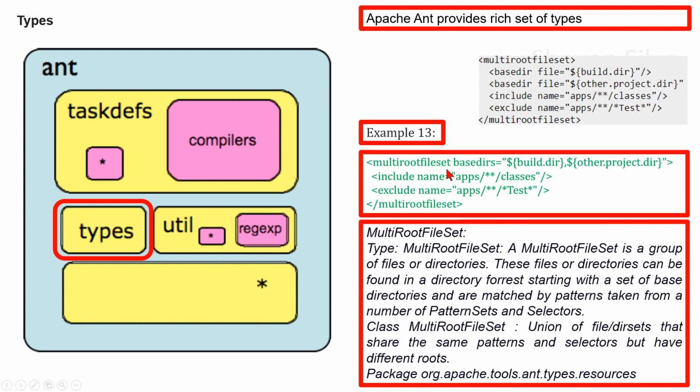Now we are considering a multi-root file set. Type multi-root file set. A multi-root file set is a group of files or directories. These files or directories can be found in the directory tree starting with the set of base directories that are matched by patterns taken from a number of pattern sets and selectors.